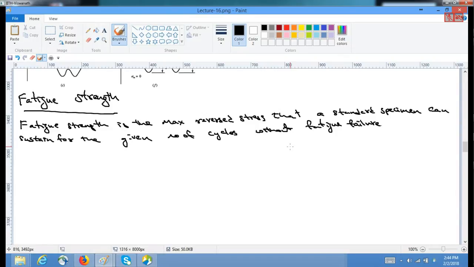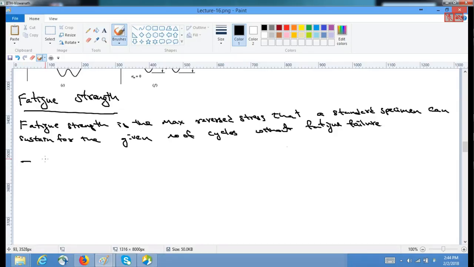If you have even a small magnitude more than that reverse stress, it will lead to failure because of fatigue failure. So the value that helps us not to fail under fatigue failure is called the fatigue strength.